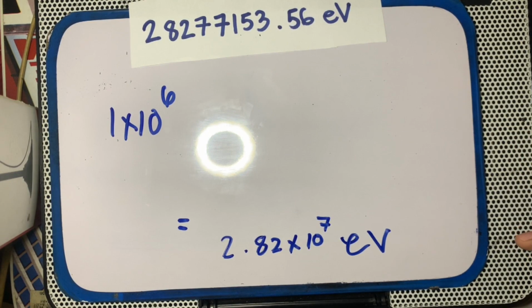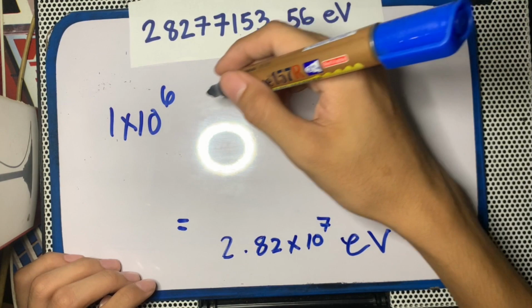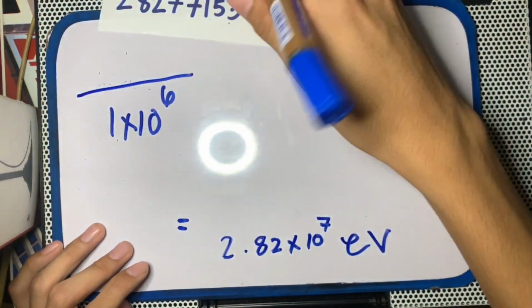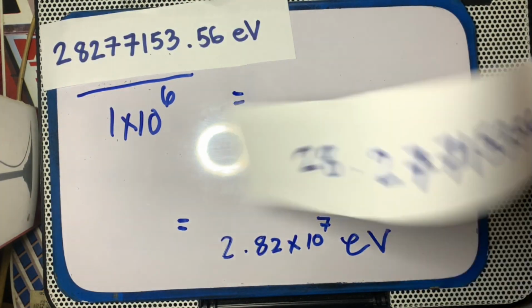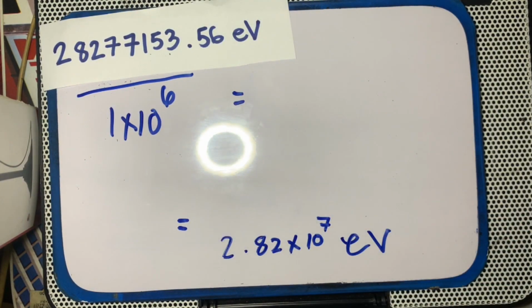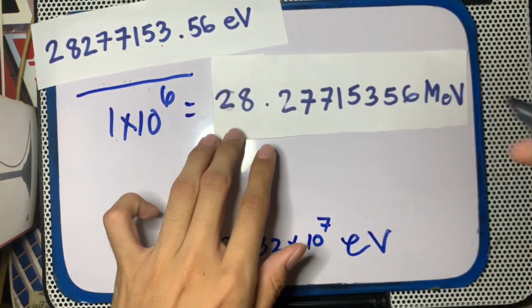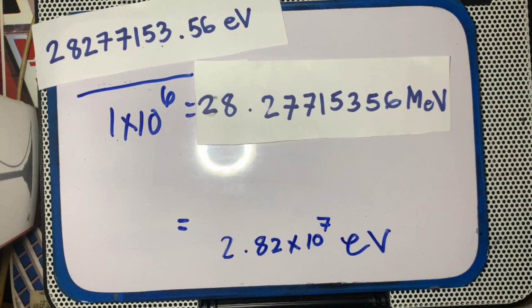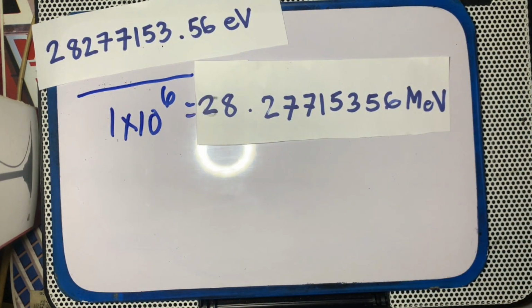So divide natin yan and will be equal to 28.27715356 mega electron volts. Now nahanap na natin yung ating mega electron volts.